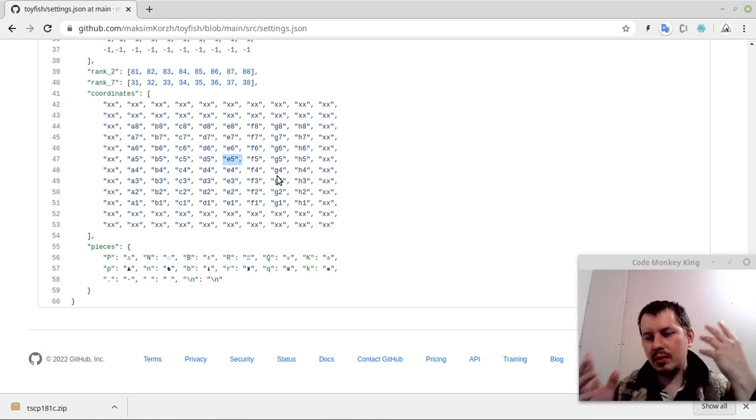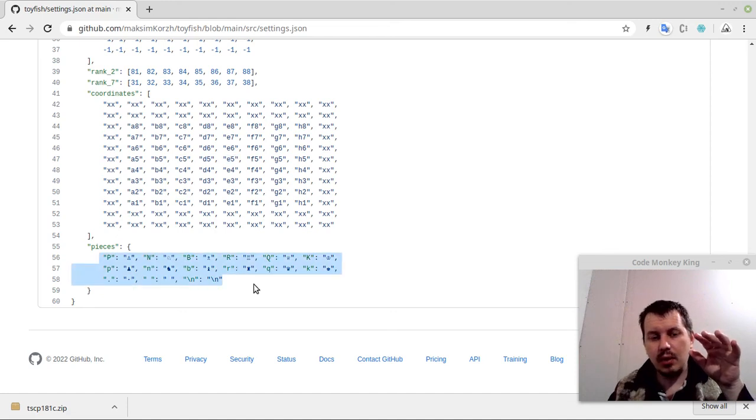So the best move is presented in algebraic notation, and these Unicode pieces map the encoded pieces to Unicode characters, so that they are seen nicely like chess pieces.